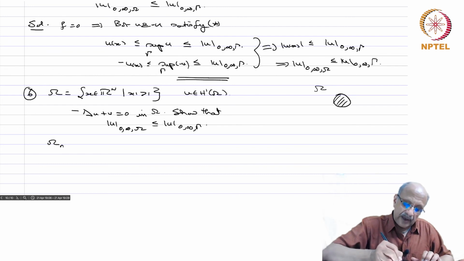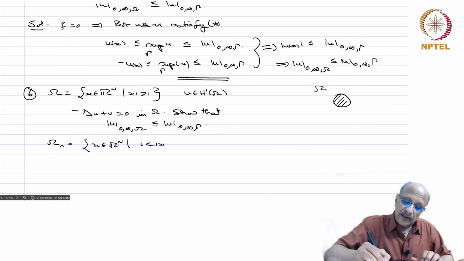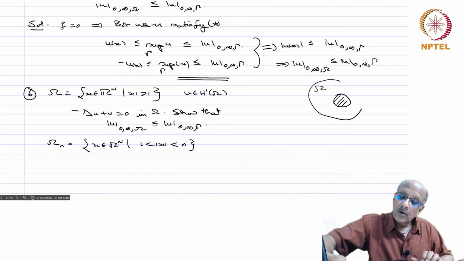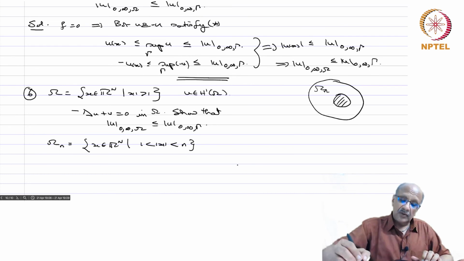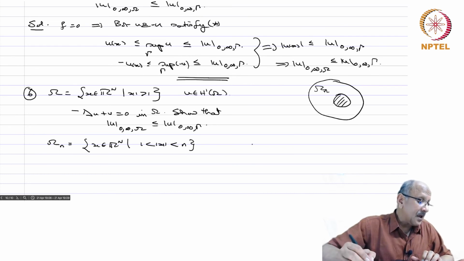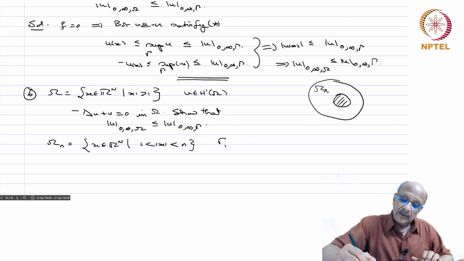So, this is like the previous theorem, except that we have an unbounded domain. So, you take omega n to be equal to the set of all x in Rn such that 1 is less than mod x less than n. So, now this becomes omega n. So that is now a bounded domain, and therefore you have that. So let gamma n equal the set of all mod x equal to n.